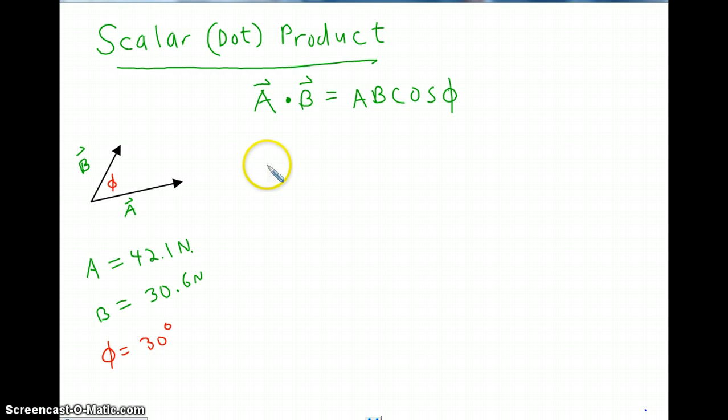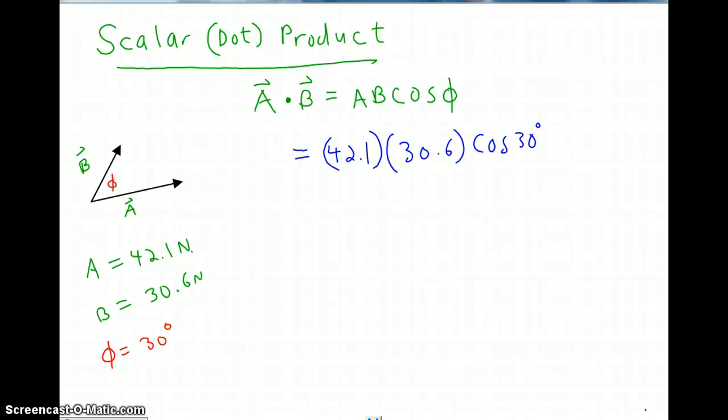Now, first, it's pretty simple to use it straight up. It's popping in just the magnitudes necessary. So I would take the magnitude of vector A, 42.1 newtons, multiplied times the magnitude of B, which is 30.6 newtons, times the cosine of the angle in between, so that would be the cosine of 30. And we run those numbers in our calculator, which I haven't done yet, so I'll do it right now. Making sure our calculator's in degrees, that's pretty important.